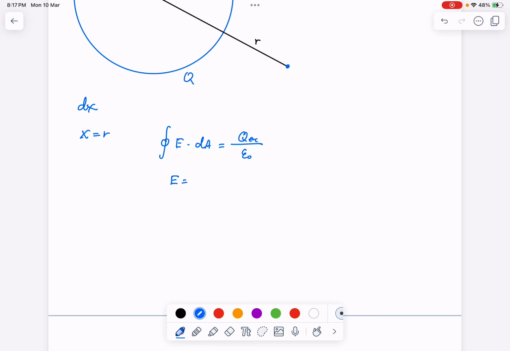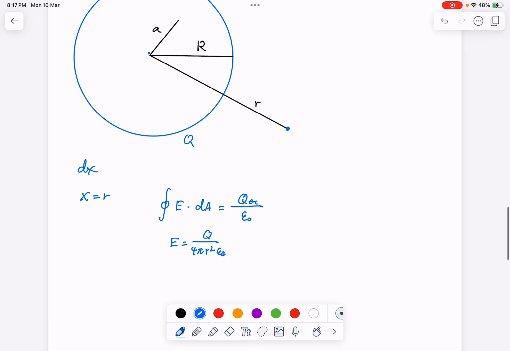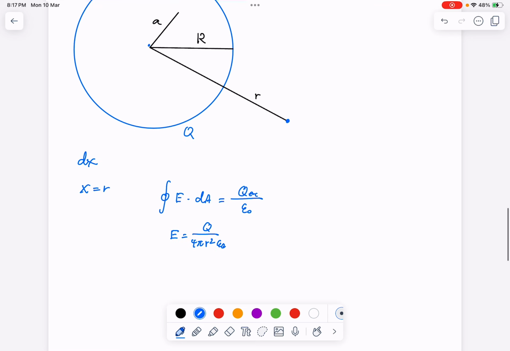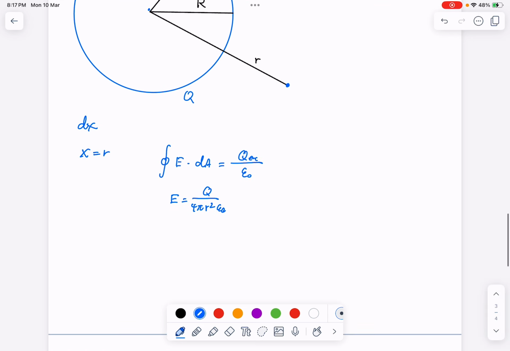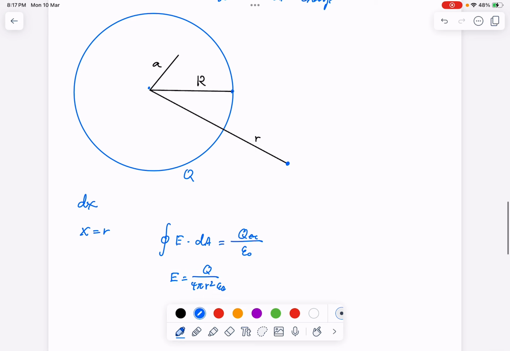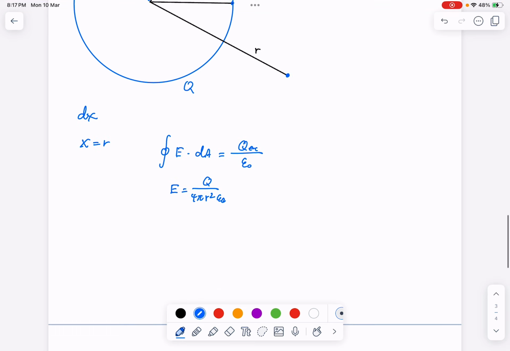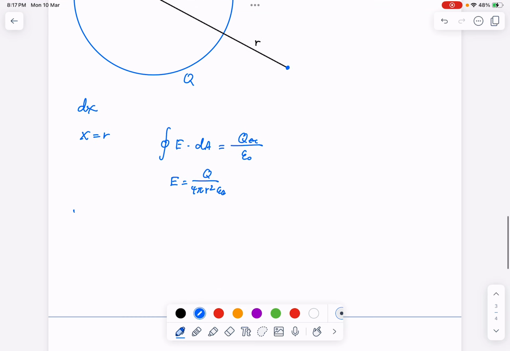E equals Q over 4 pi r squared epsilon naught. And because at this point we're still enclosing a charge of Q, x equals r has the same electric field.